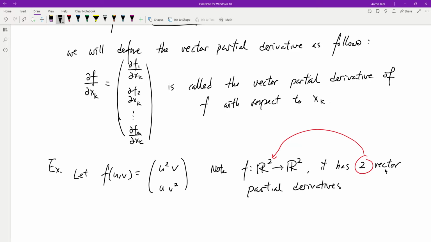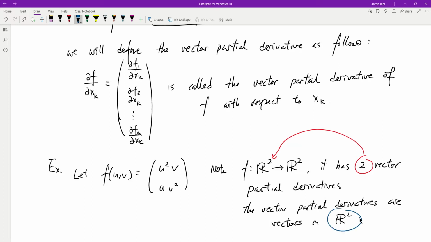It's called a vector partial derivative because they are vectors. So the vector partial derivatives are vectors in R2, because that is what the domain is. Therefore, we're basically finding two vectors in R2.